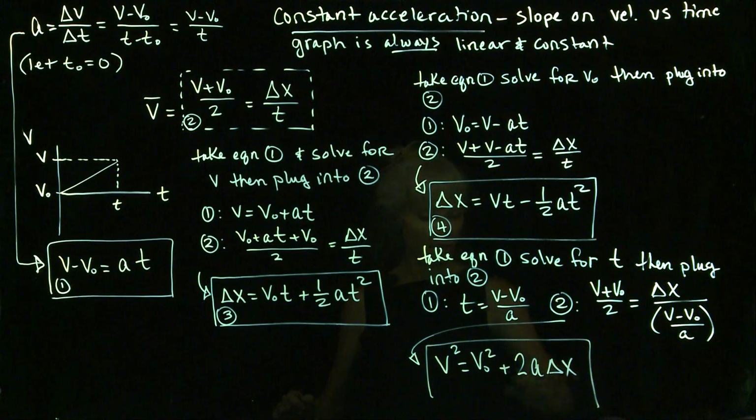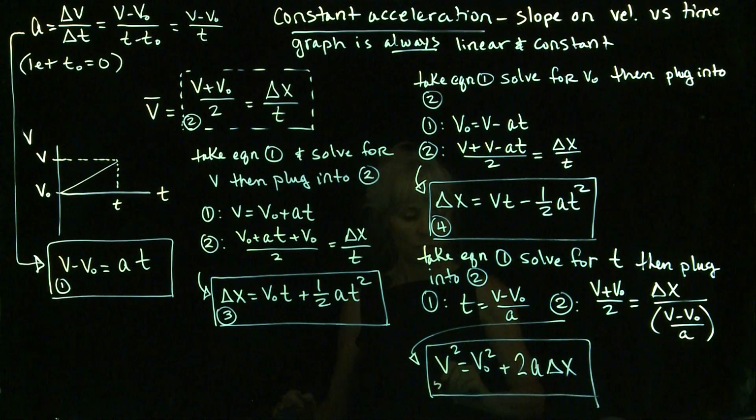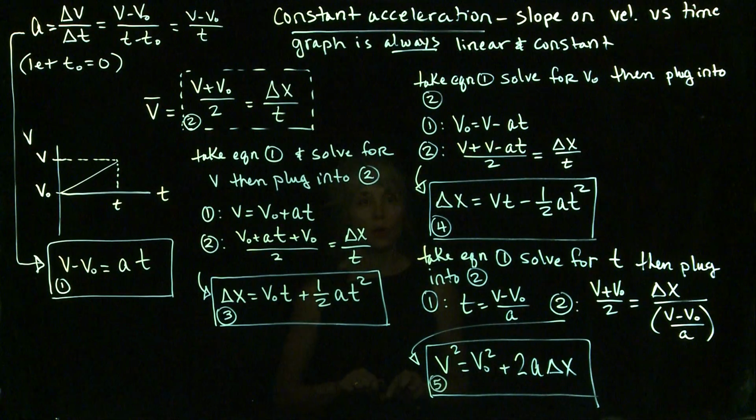This is going to be the fifth and final equation we're going to be able to derive for the case of constant acceleration. So these 5 equations are very useful for the case of constant acceleration, and these equations are going to be very useful when we study free fall, and that is the condition in which only the Earth's gravity is exerting a force on an object that is near the Earth's surface.